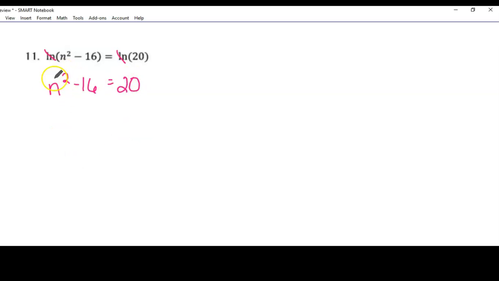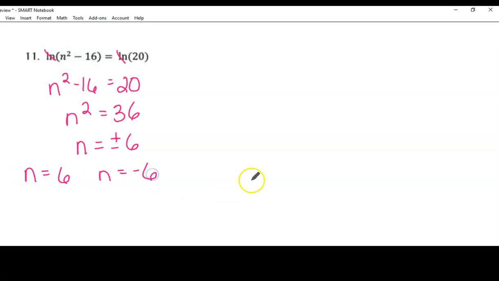So at first when you see this n squared, you think, oh, I'm going to have a trinomial, but there's no n term. So we just need to add 16. And we get n squared equals 36, which means n equals plus or minus 6. I'm just going to separate that. And you need to check each one.